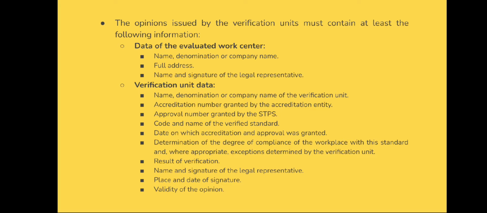Verification unit data: name, denomination or company name of the verification unit, accreditation number granted by the accreditation entity, approval number granted by the STPS, code and name of the verified standard, date on which accreditation and approval was granted, determination of the degree of compliance of the workplace with this standard and, where appropriate, exceptions determined by the verification unit.